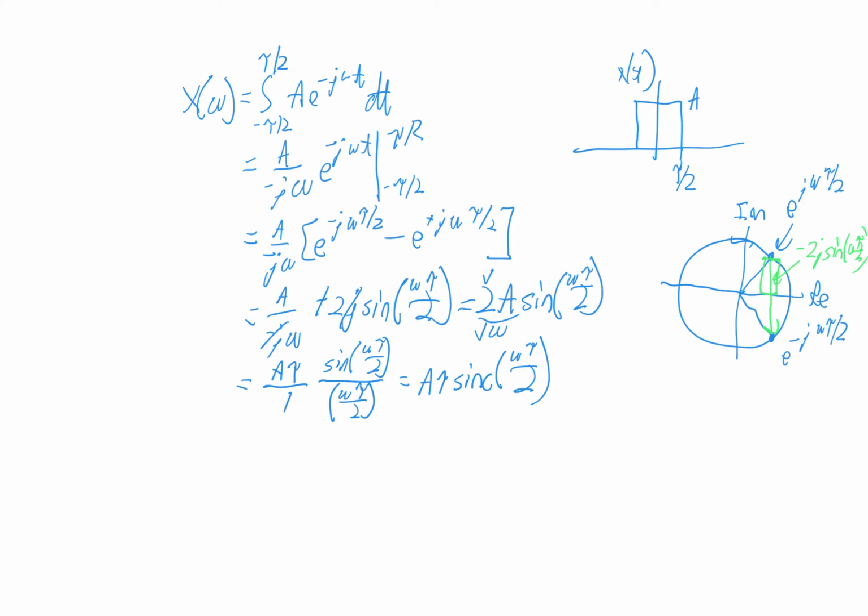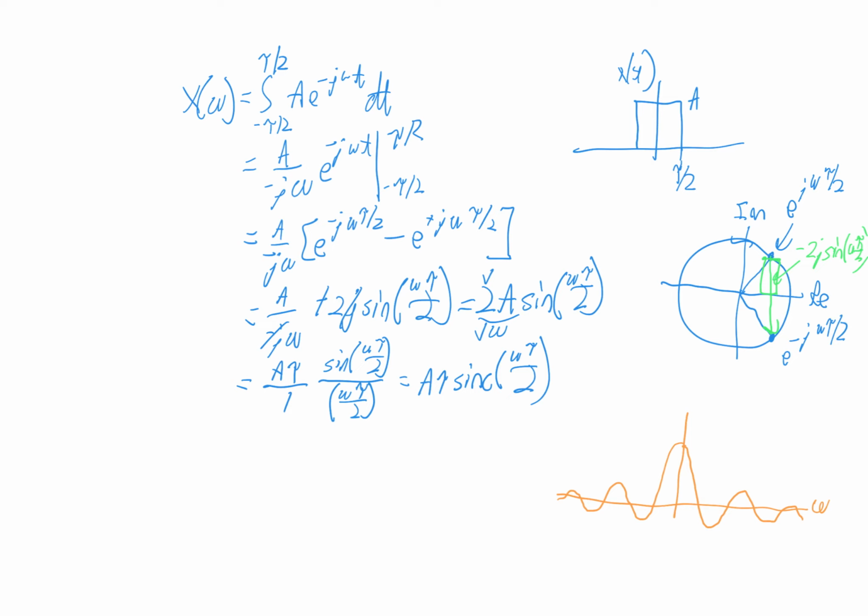So let's sketch that resulting function. Here we have the sinc function as a function of omega. The sinc function has a peak at 0, and then it oscillates, but it is divided by a growing denominator, so the magnitude keeps scaling down.